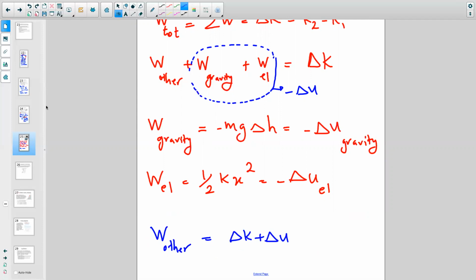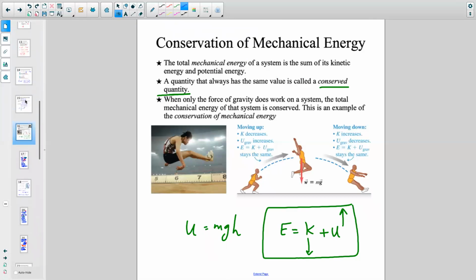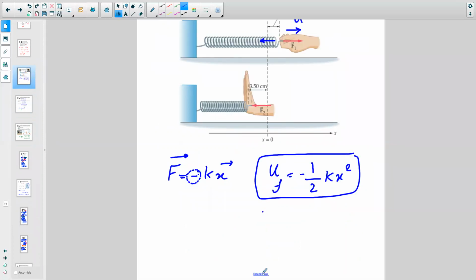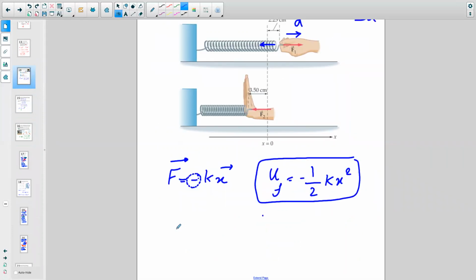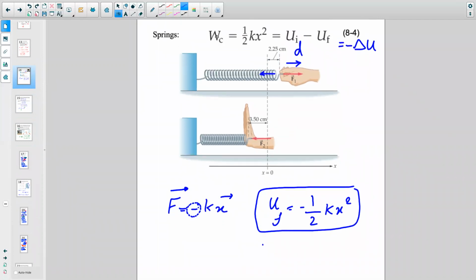If you're looking at here, I have already talked about it. The work done by the spring, or W of the conservative force here, another conservative force, is half kx squared, or U initial minus U final, which is negative delta U, as I said before.